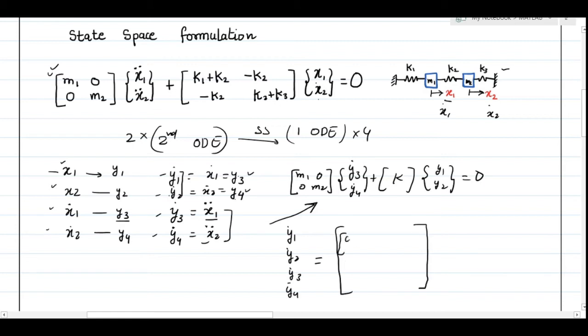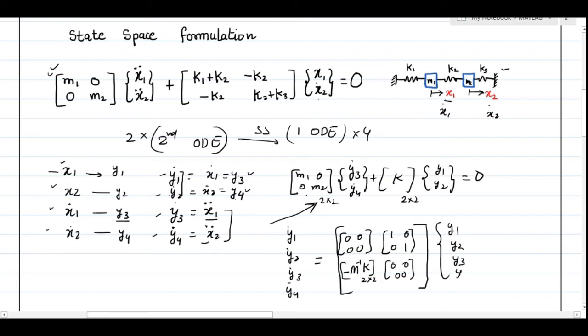I can consider here a null matrix, then an identity matrix. Here I will have minus M inverse K. This is again a 2 cross 2 matrix, because the mass matrix is 2 cross 2 and the K matrix is also 2 cross 2. So I will have M inverse K, and then again a null matrix here. Here I can write y1, y2, y3 and y4.